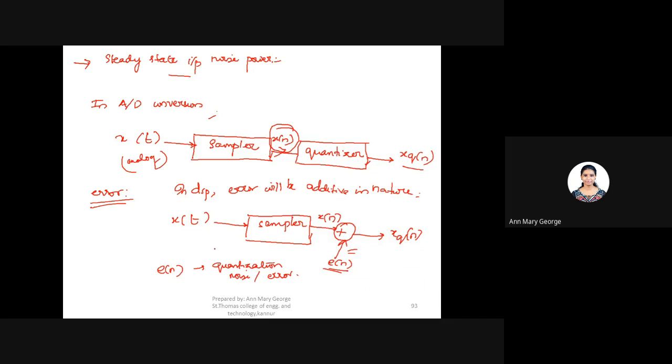The error is additive in nature, and that is what this represents.